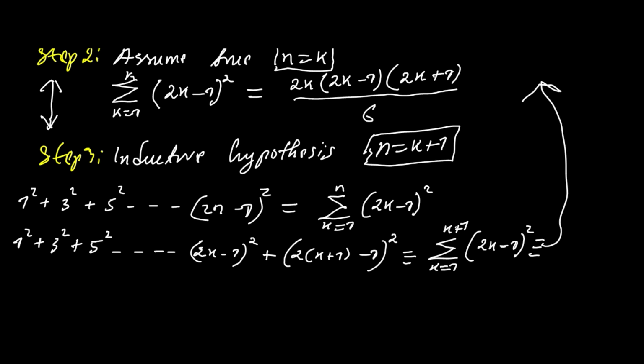I want to reiterate on this because now let's look at what happened here. Normally the sum from k equals 1 to the k plus 1 term is simply the sum of the first n terms plus the n plus 1 term, or the k plus 1 term.